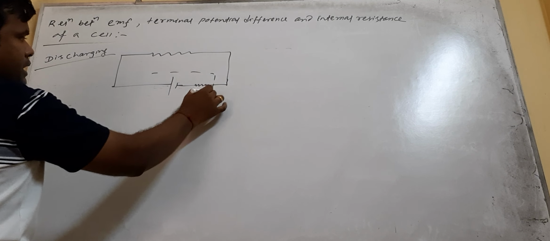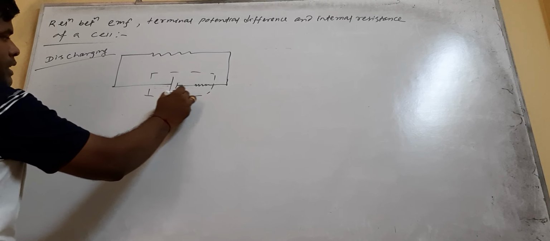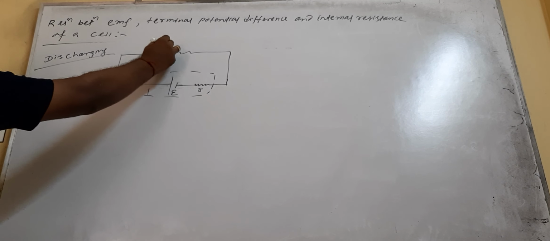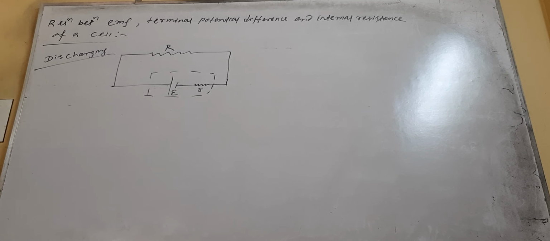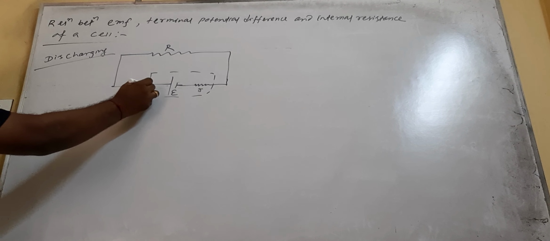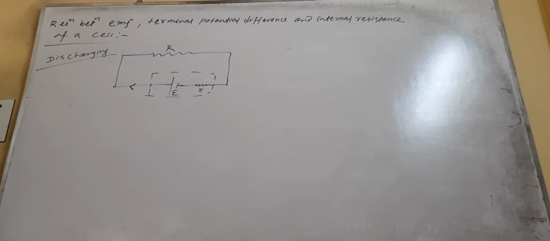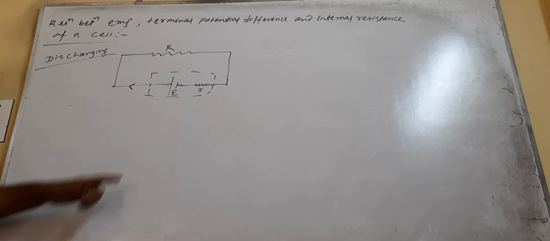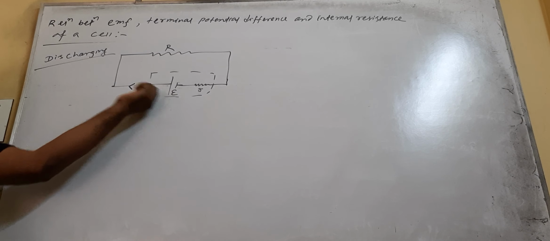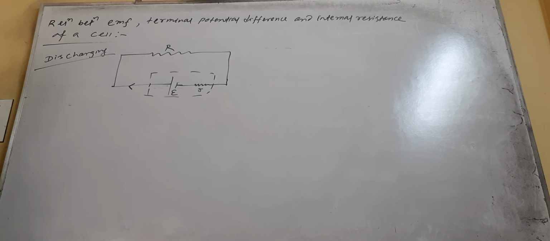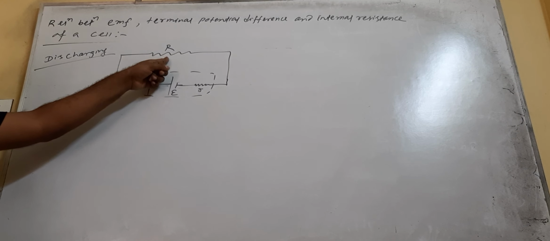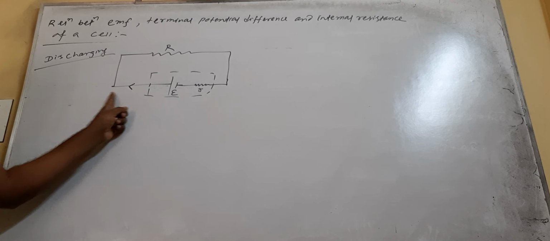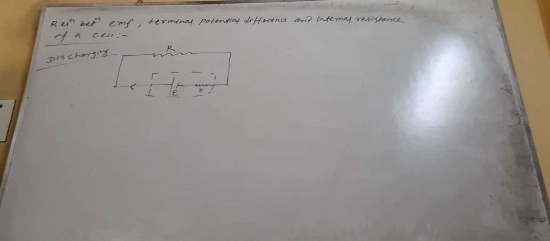This whole represents the cell. It is E, it is small r, and capital R is the external resistance. In discharging, current flows like this. That means current is drawn from the positive terminal of the cell and flows through the external resistance from the positive terminal to the negative terminal.